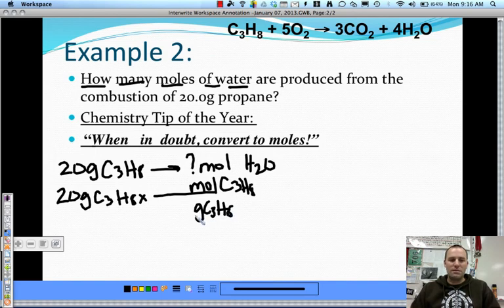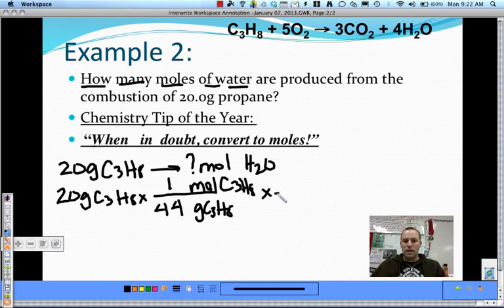And right now we have grams on the bottom, so we have to go to moles of propane first. And when you add it up from the periodic table, 1 mole of propane adds up to 44 grams of propane.